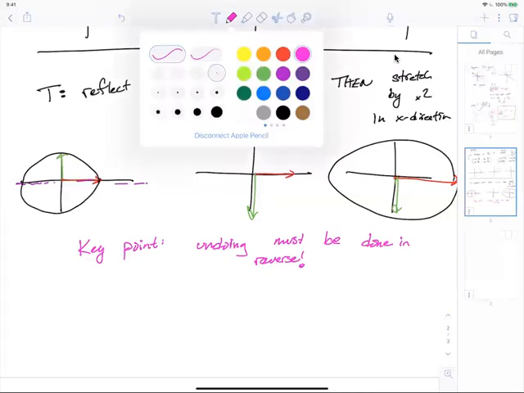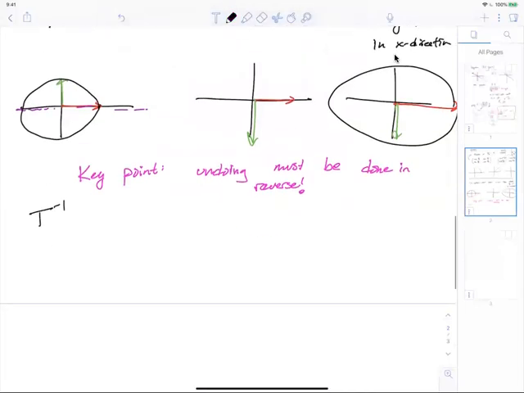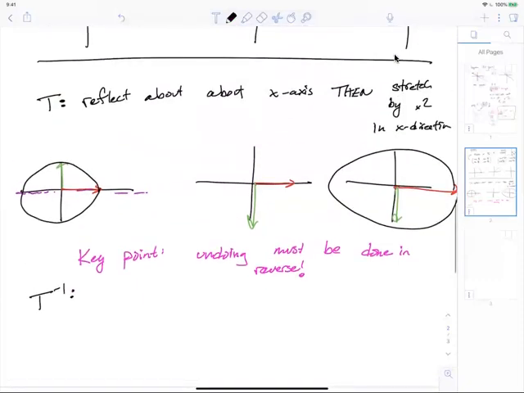So in this case, T inverse, the inverse transformation, what has to be done first? We first have to undo the stretch by 2 in the x direction. So we're going to contract by 1/2 in the x direction.